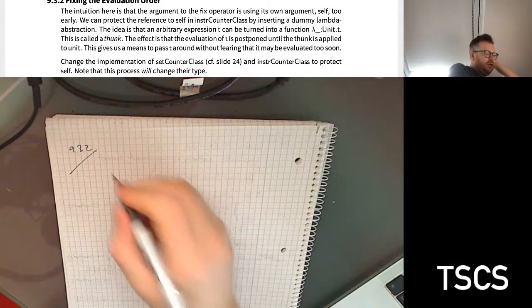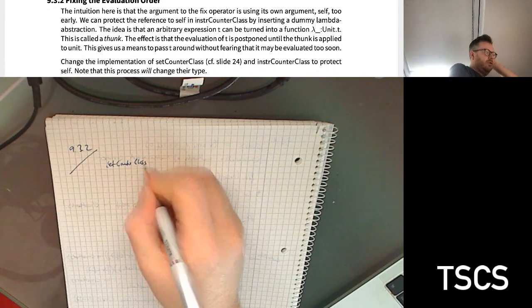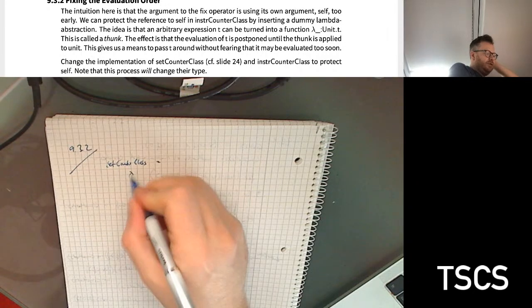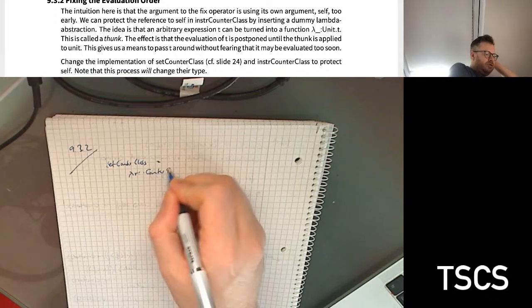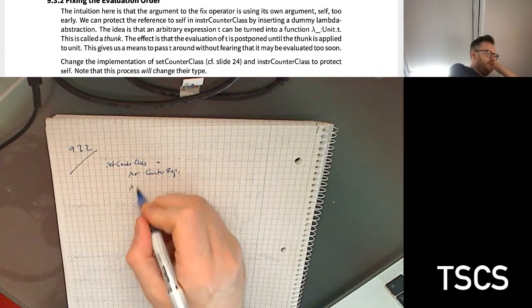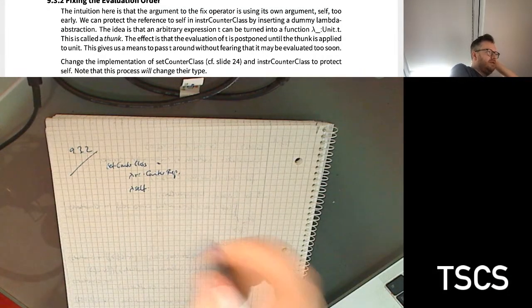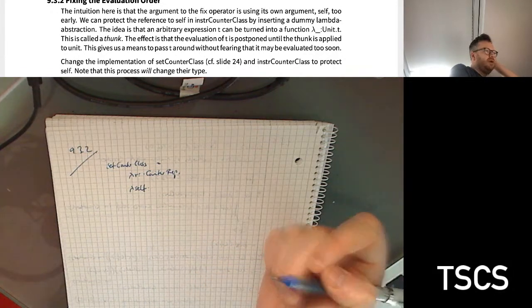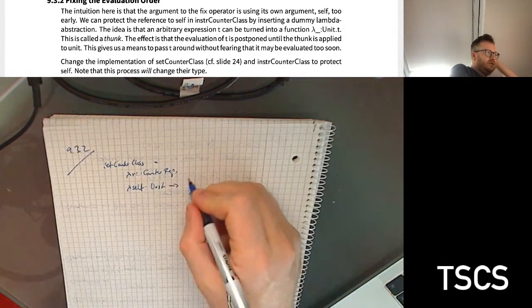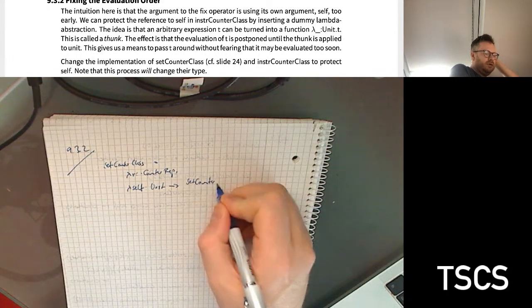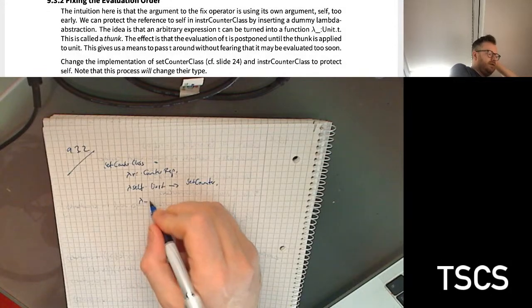So the idea is now to change the implementation of set counter class. What we still have is, of course, the representation type, counter rep. And what we still have is the self-reference, which is now a little bit different. Remember, self used to be a set counter, but now as we've thunked the whole thing, it's unit to set counter. And then we have the thunk.